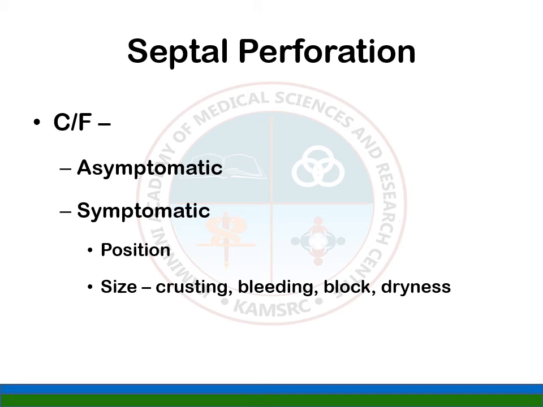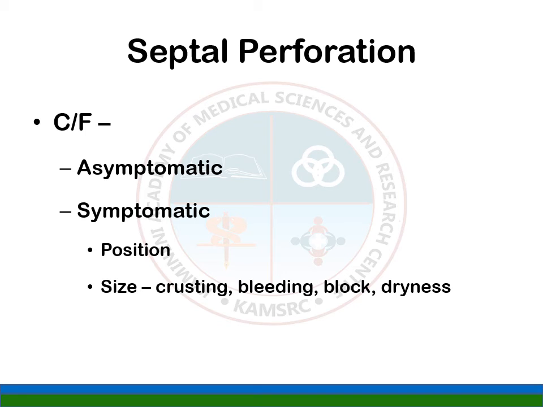There will be a septal perforation, but that will be asymptomatic because we remove only the posterior one third of the septum there. But the size or the site can be anywhere. Depending on the size and the position, either the patient will be asymptomatic or he will be showing some symptoms.